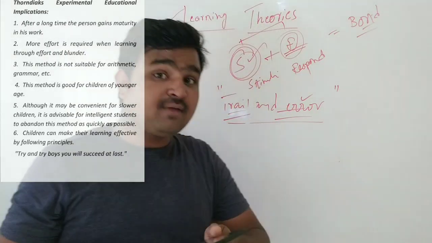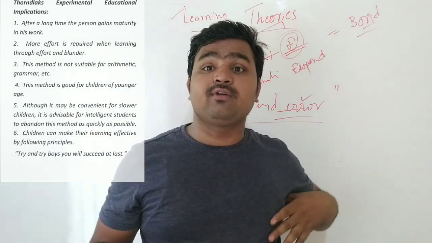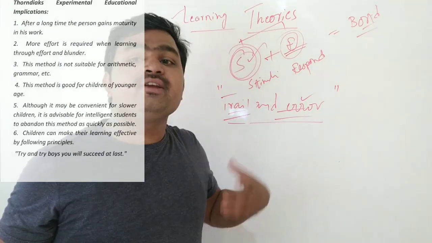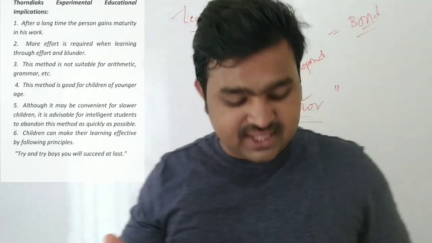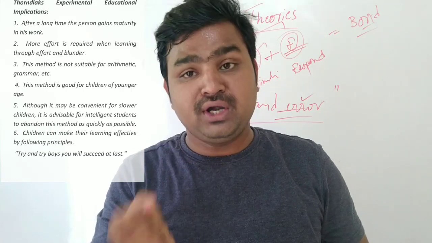It is the same as the cat situation. It was working on that process for a long time and got maturity in that work. So our first implication is that after a long time the person gains maturity in his work.